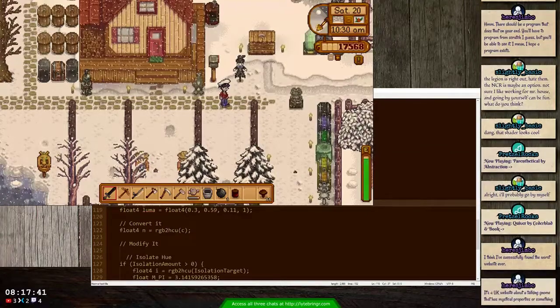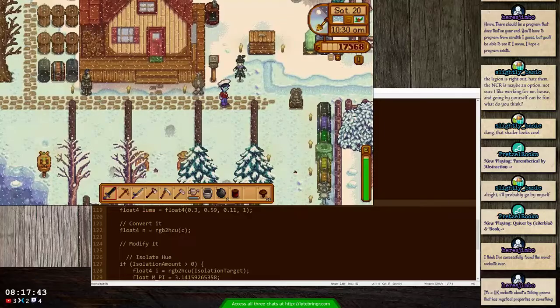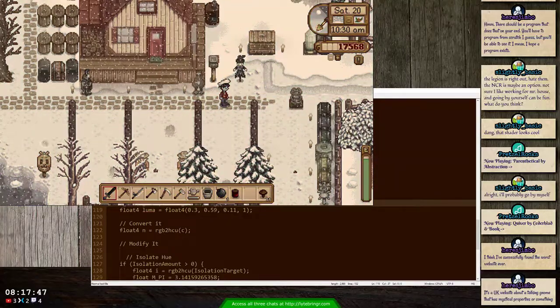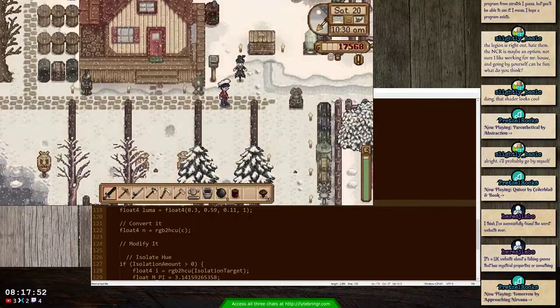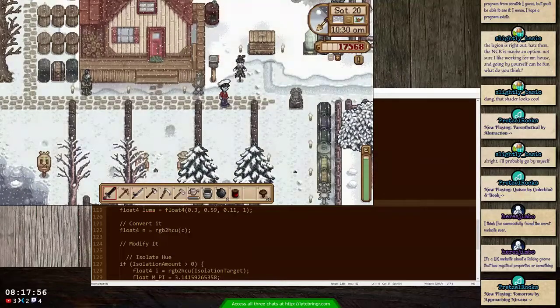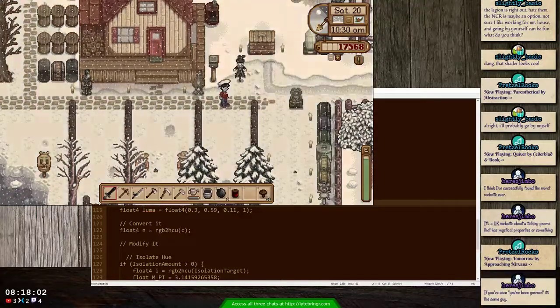That's neat. Okay, so this is with 0 sepia. Yeah, I do like that.